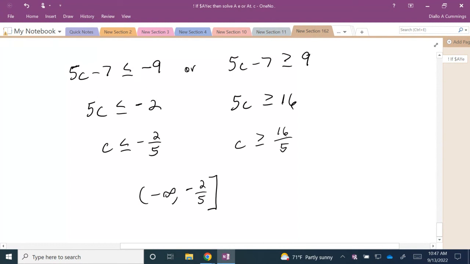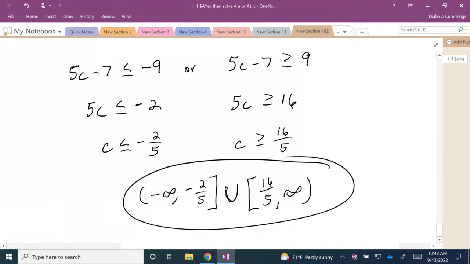Negative 2/5 has a bracket because of the equal to bar. Union, which is or, 16/5 to positive infinity. Notice that this follows a number line from left to right.